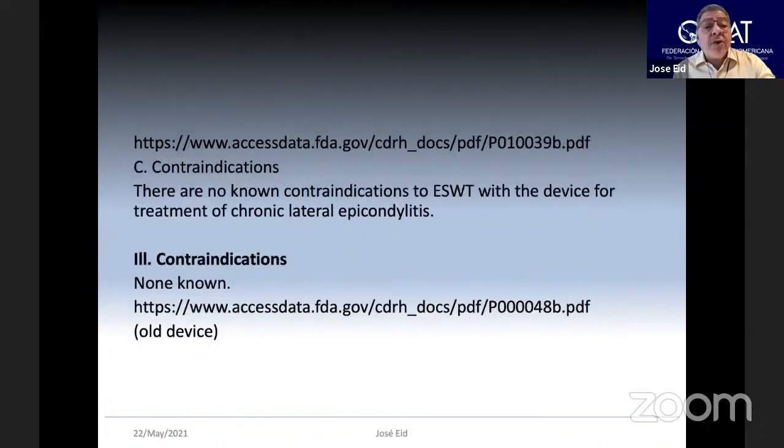Even if you go to FDA studies, they say that they don't know any contraindications for ESWT with the device, for instance, for lateral epicondylitis. Or they say that there is no information about contraindication for plantar fasciitis.